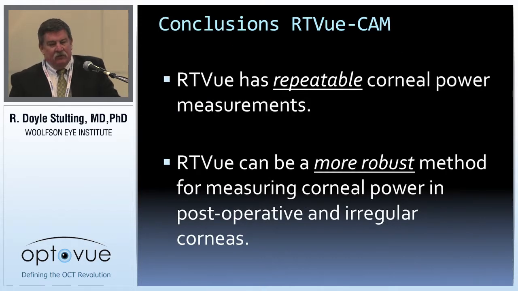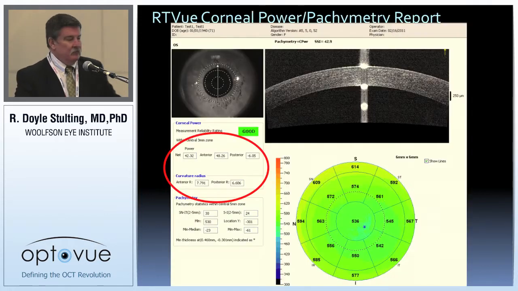So it is reproducible and also more robust because it can measure both the anterior and the posterior corneal powers. It can also measure corneal powers across the cornea in corneas that have a regular astigmatism for whatever reason.